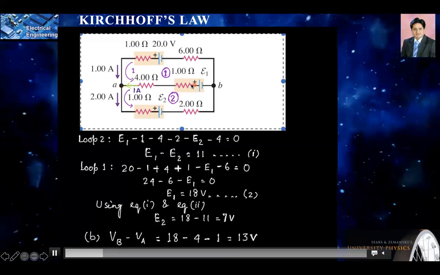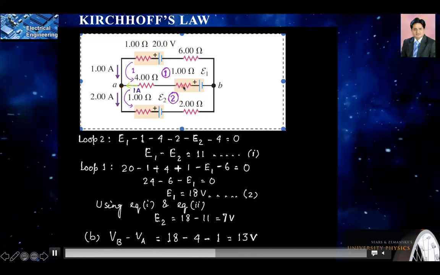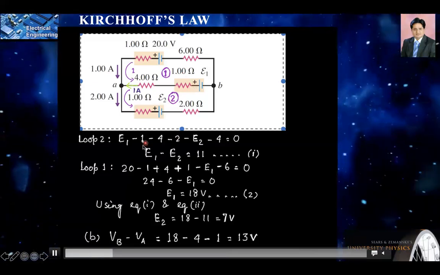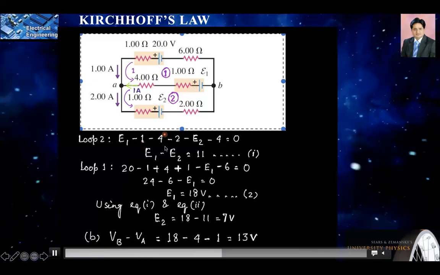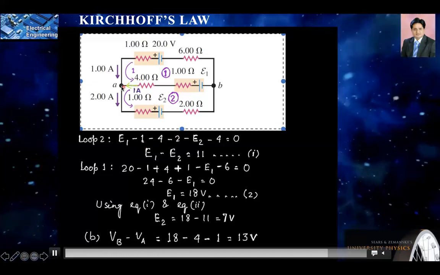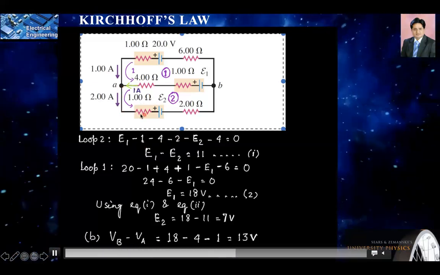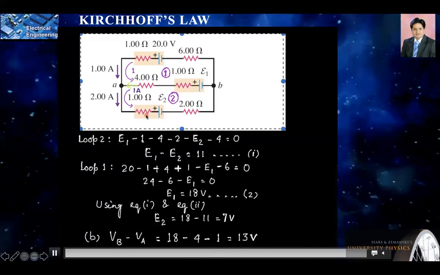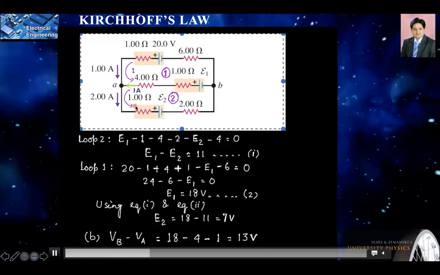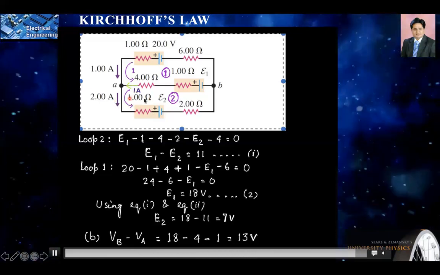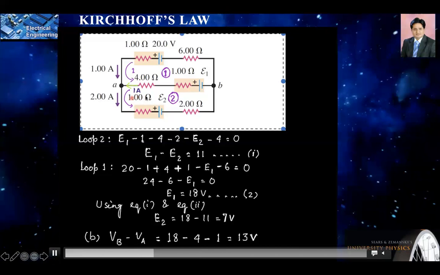So we get 1 amp flowing through here. Now 1 times this resistor is 1 ohm, so 1 times 1 is 1. Then 4 times 1 is 4. And then as you go here, you have 2 times this resistor, that is 2, because 2 ampere is the current and 1 ohm is the resistor.